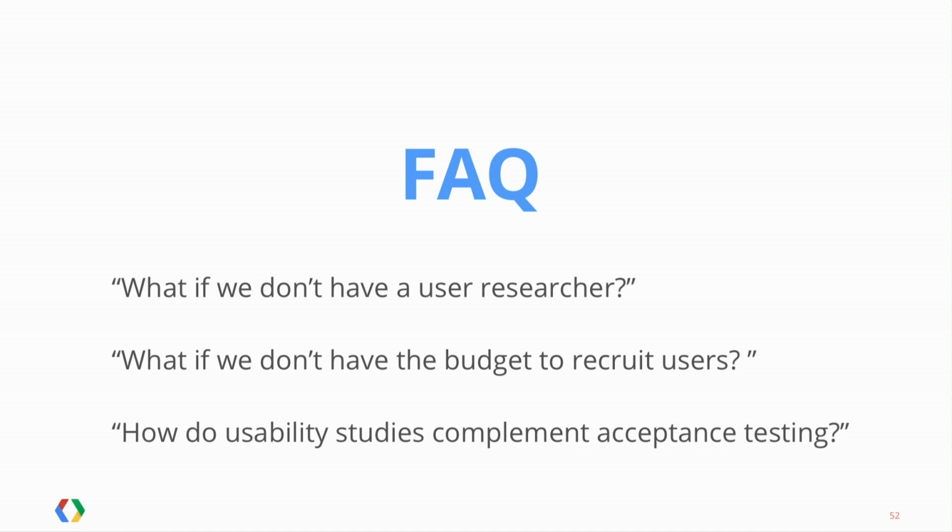Lastly, how do user studies complement acceptance testing? Acceptance testing is testing against the feature requirements in the sprint backlogs. But a usability study is for user requirements.